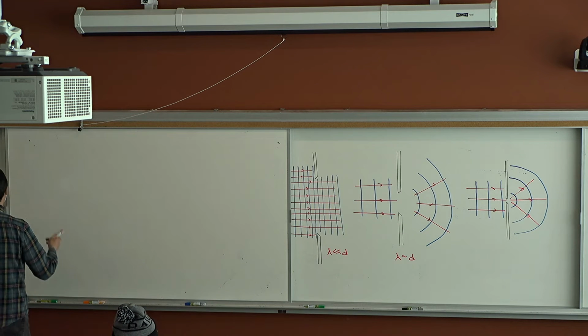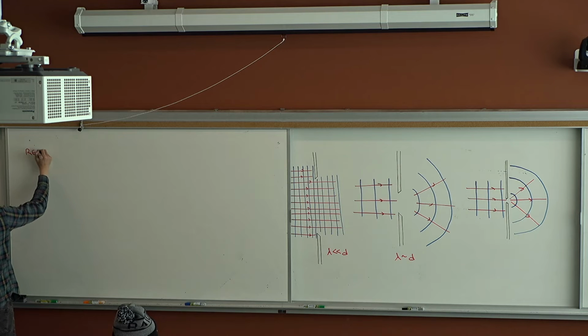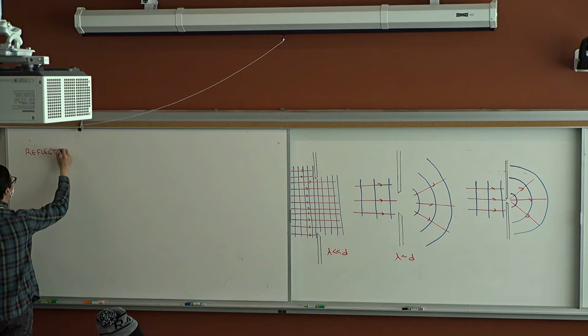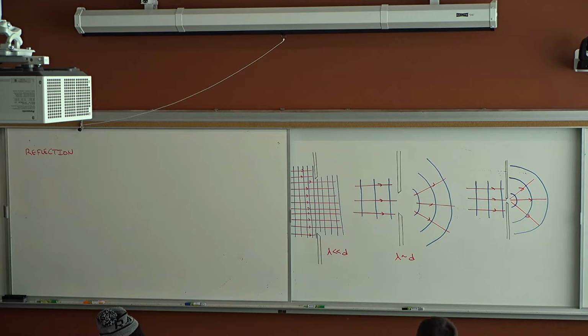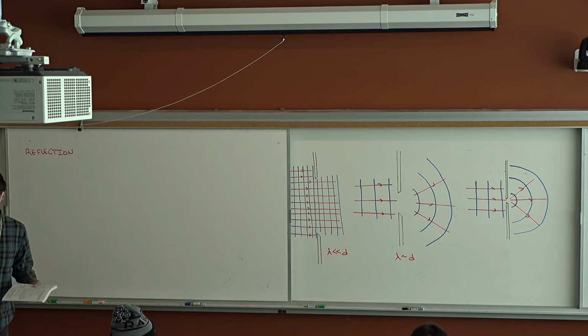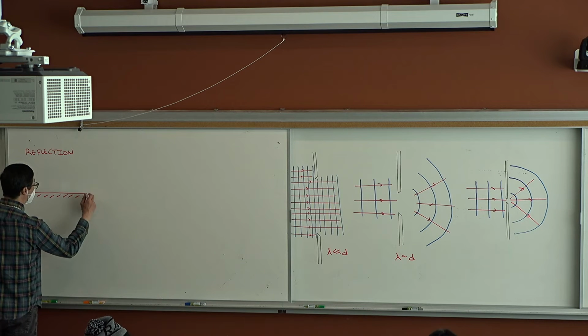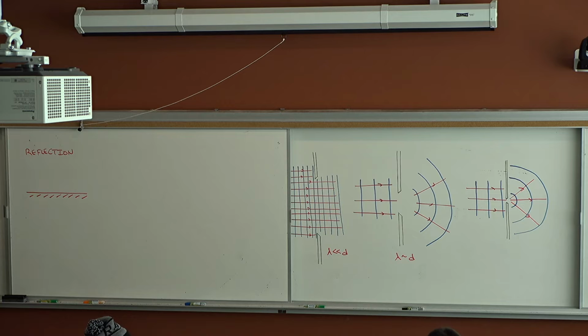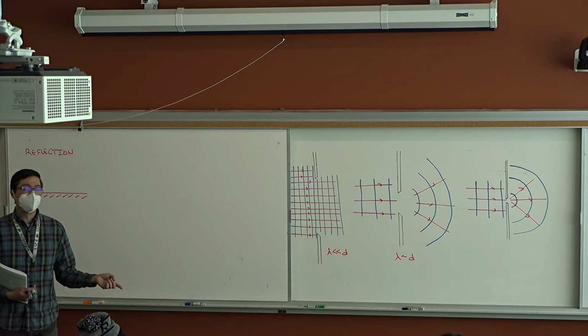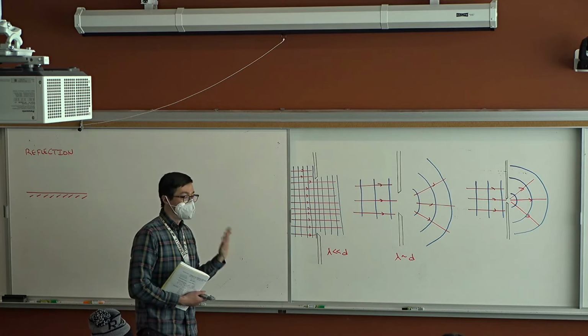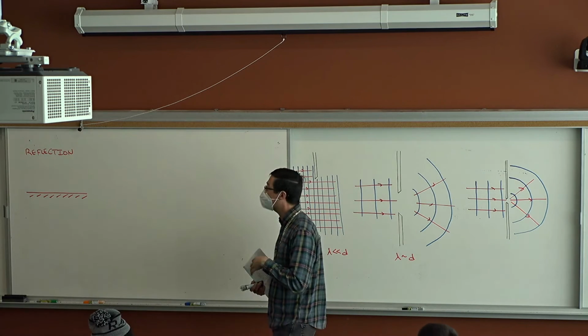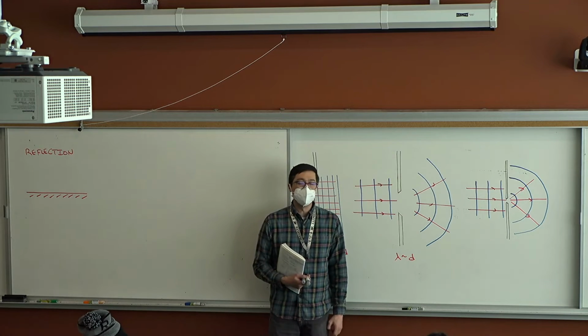So diffraction, let's look at reflection. This is the one that I'm guessing you're already pretty well versed in. So coming back to our model again, rays of light travel in straight lines unless they encounter the boundary of some new medium, right?